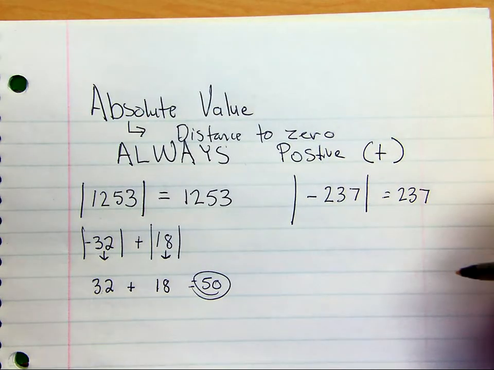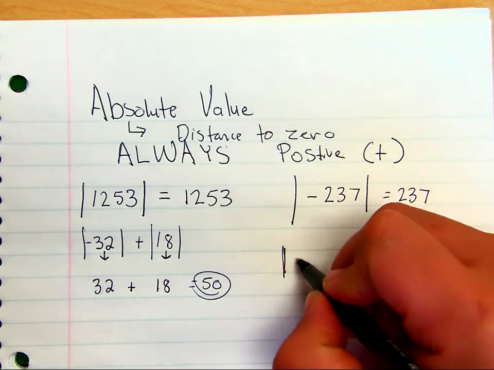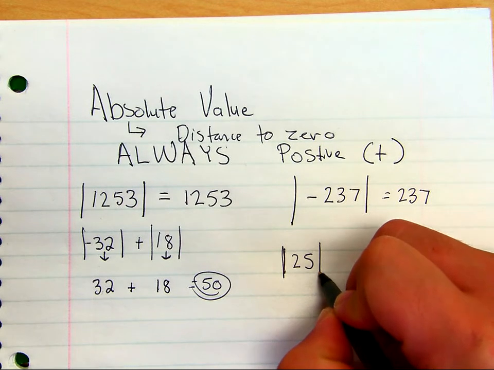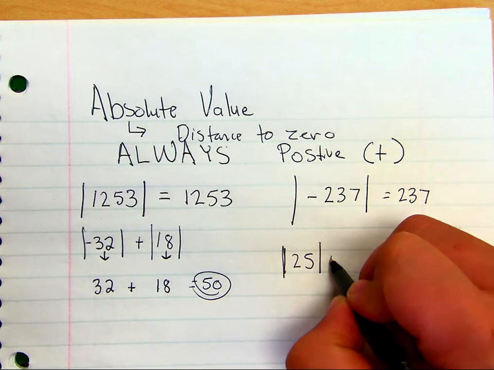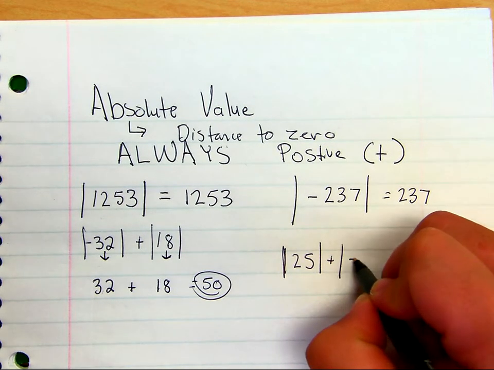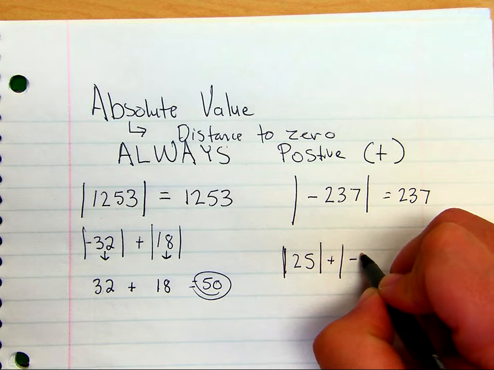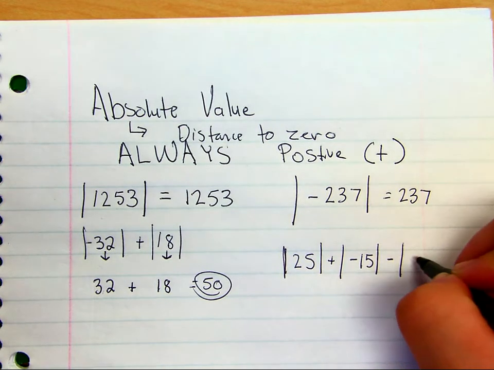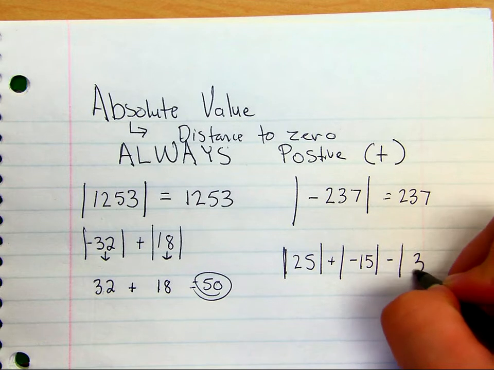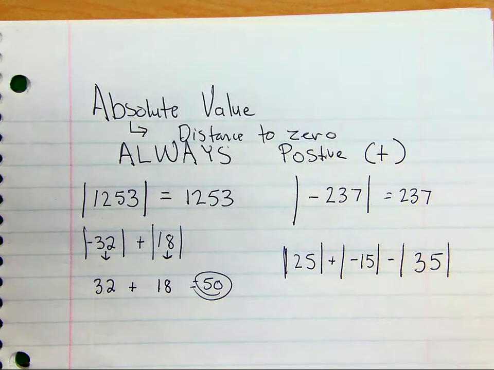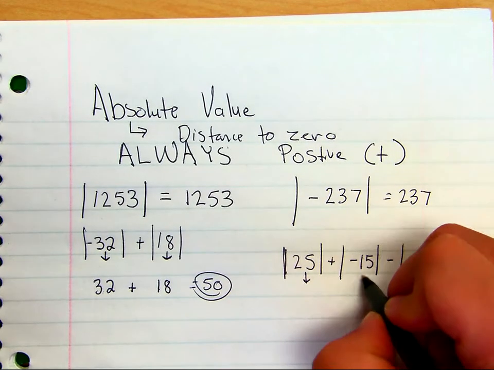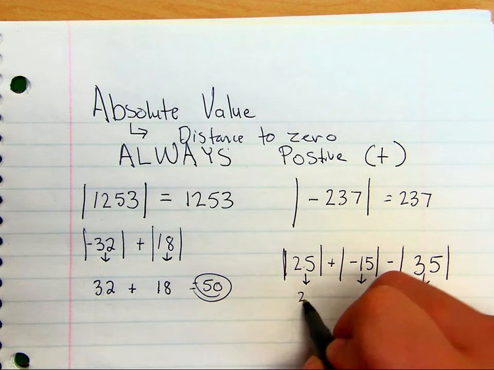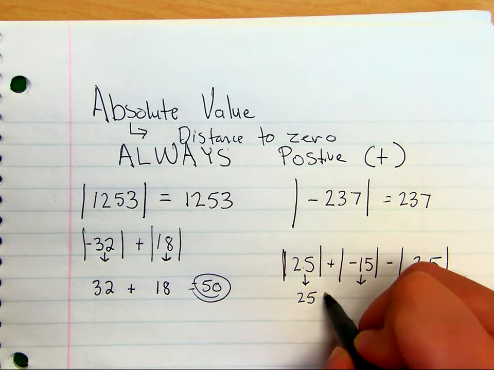We'll take it up a little bit more. Say the absolute value of 25 plus the absolute value of negative 15 minus the absolute value of 35. So again, solve each one. The absolute value of 25 is 25. Bring down my addition sign.